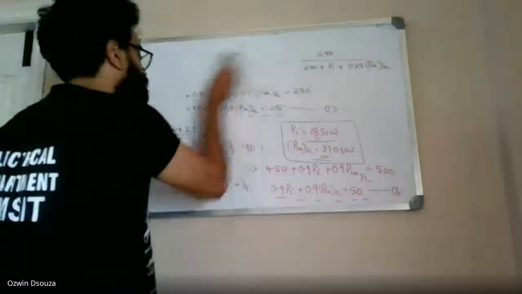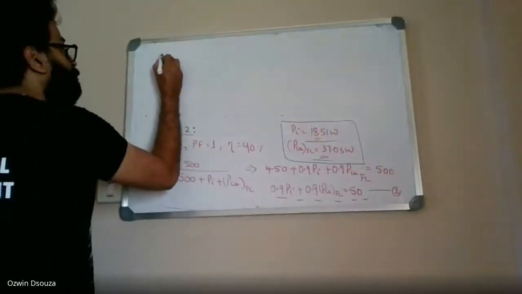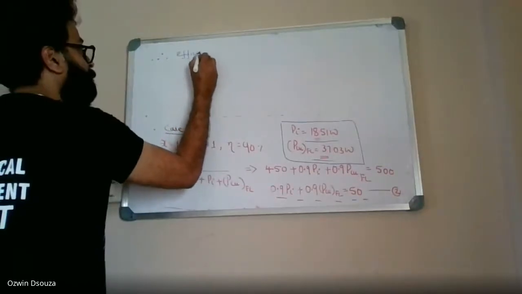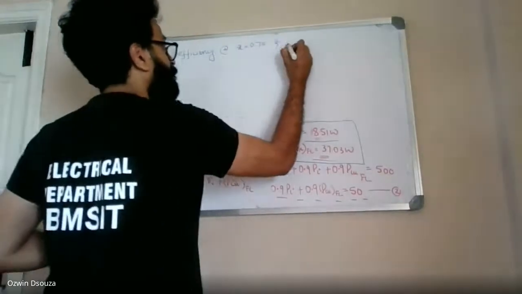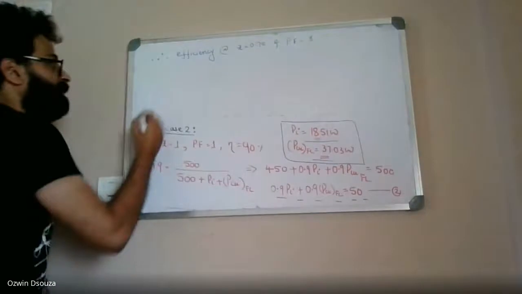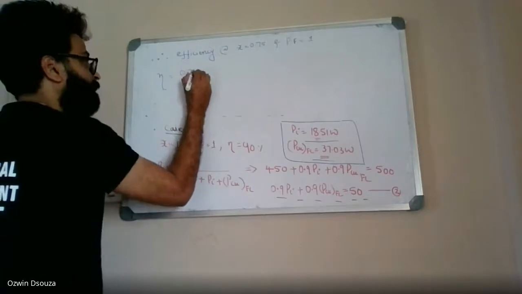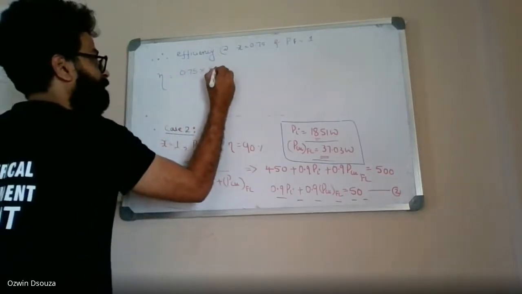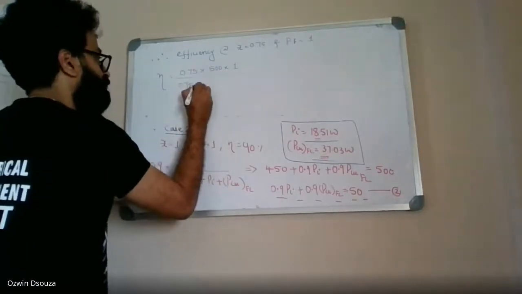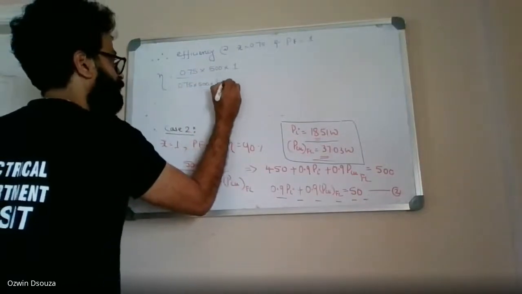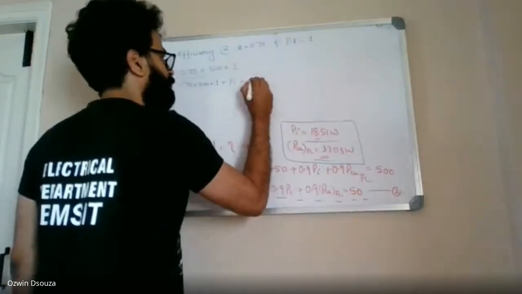So next you can write, therefore, efficiency at X is equal to 0.75 and power factor is equal to 1 can be given by eta is equal to X, X is what? 0.75 into SFL, that is 500, into cos phi, that is 1, divided by 0.75 into 500 into 1 plus iron loss plus X square times, right?